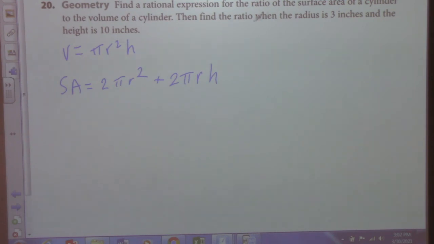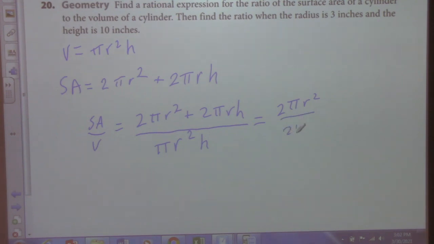So now we need to find the ratio of the surface area to the volume. So surface area to volume is going to be 2 pi r squared plus 2 pi rh over pi r squared h.